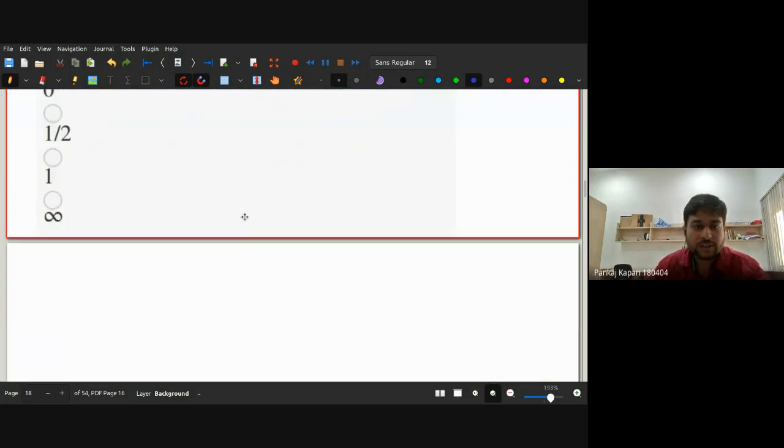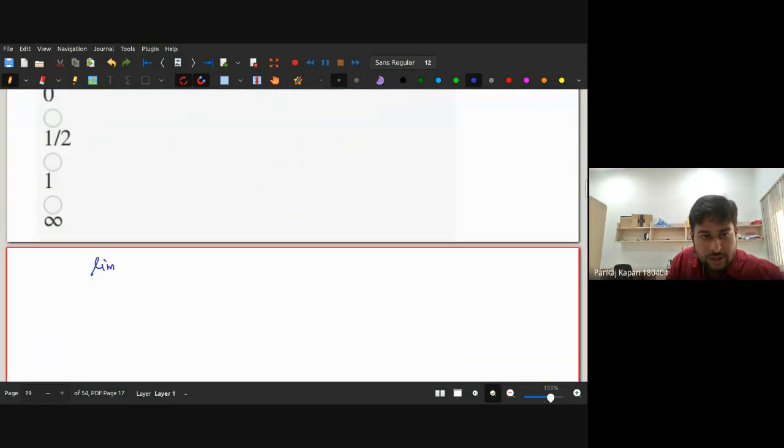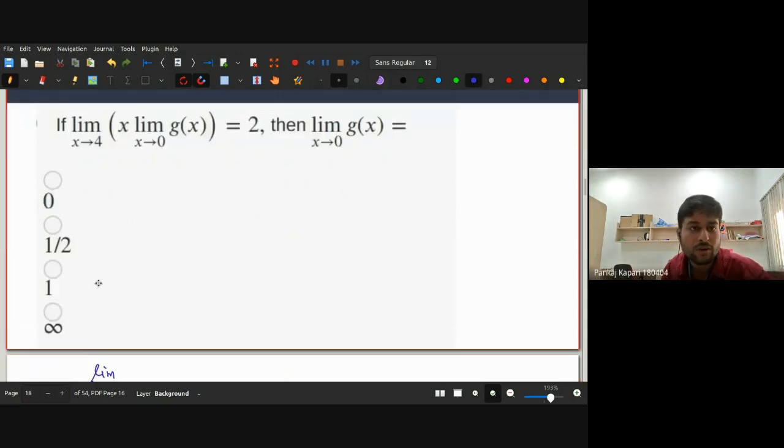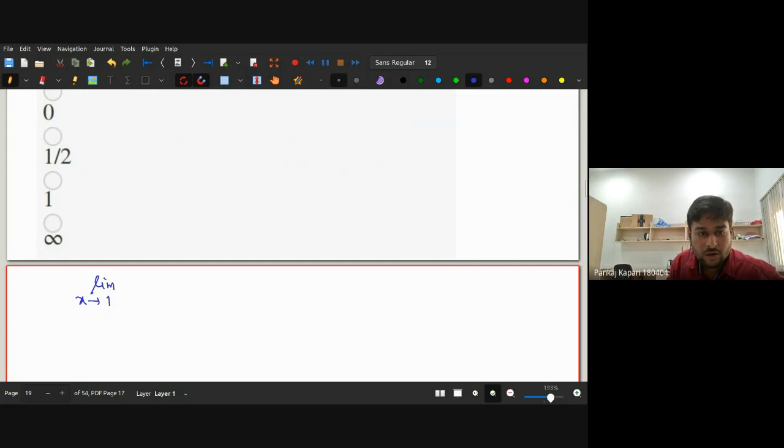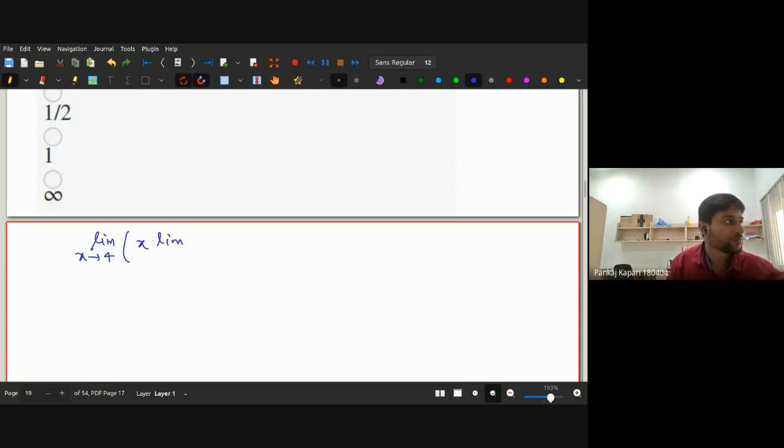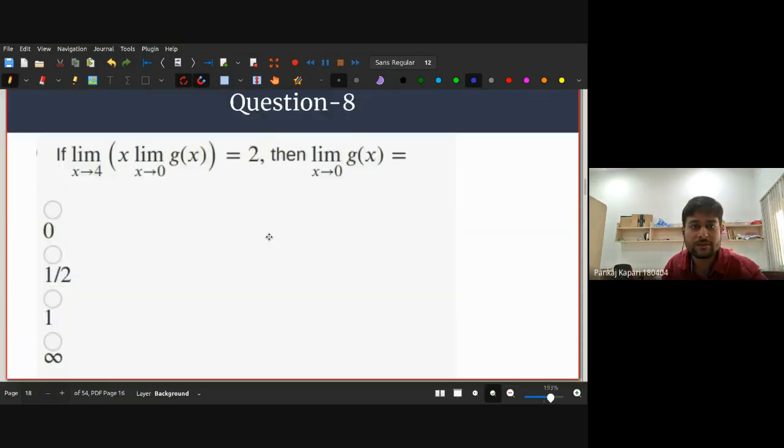Again a limit is given. The limit as x goes to 4 of x times the limit as x goes to 0 of g(x) exists and it is given to be 2.